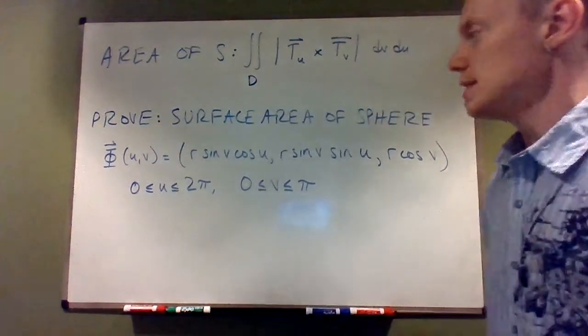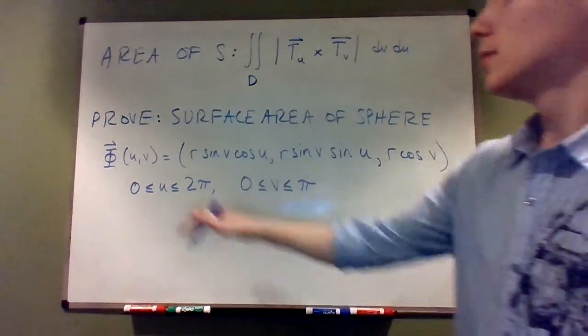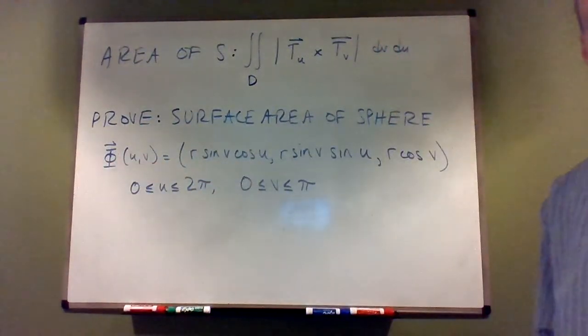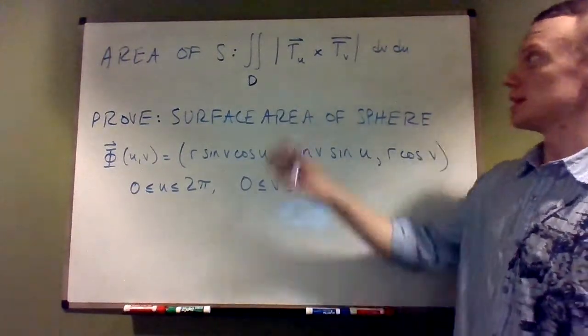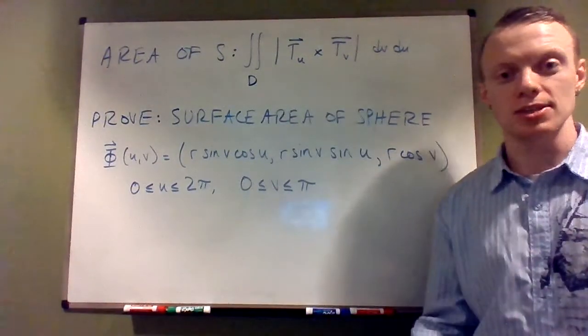So we need the partial of capital Phi hat with respect to each of u and v. These are going to be our T sub u hat and our T sub v hat.